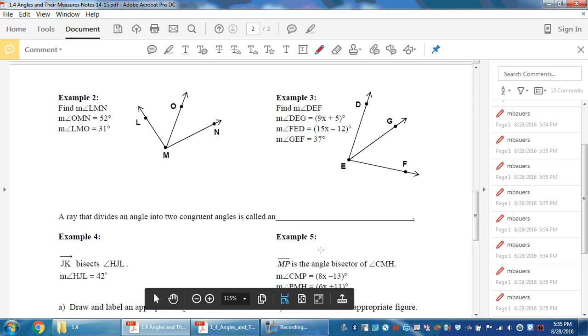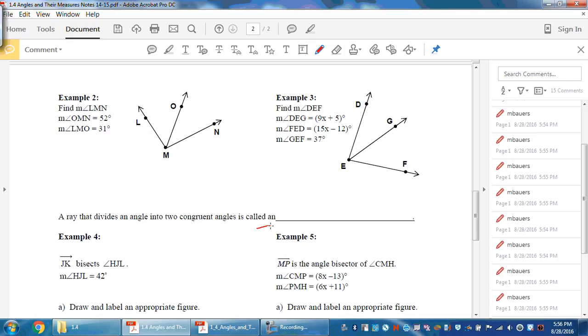So in example 2, just go ahead and label them. O, M, N. Start at the O, go to the M, go to the N. This angle right here is 50 degrees. Angle LMO is this.